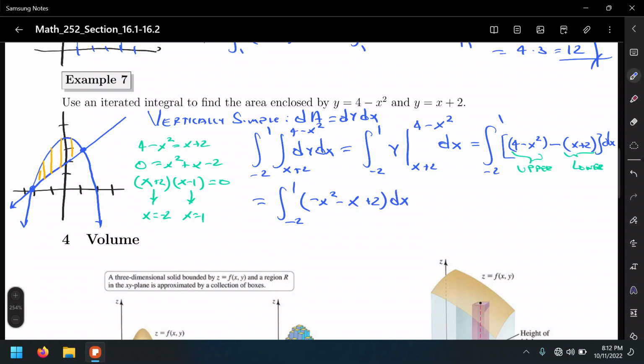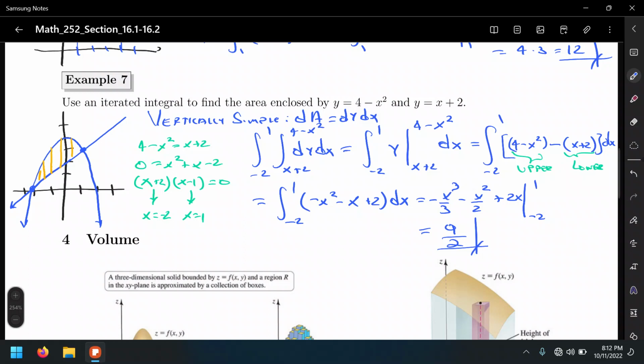So if we integrate, that should give us negative x cubed over 3 minus x squared over 2 plus 2x, evaluated from negative 2 to 1. And just to save some time, I'm just going to give you the result. That should give us 9/2.